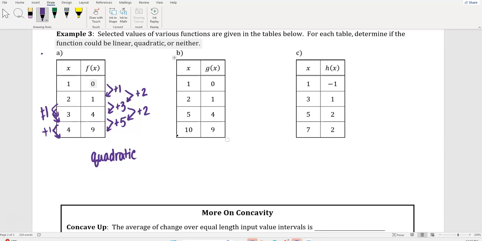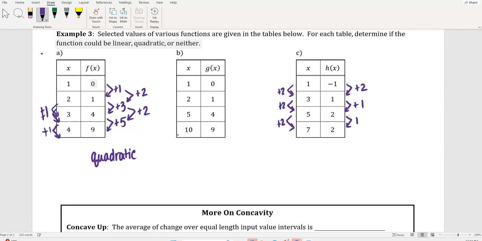Okay, I'm going to skip B for now because our tricks are not going to work on B because we do not have consecutive equal length input value intervals, right? But on C, I do have consecutive equal length input value intervals because my x's are increasing by 2 each time. So I'm going to look at my y values, and I see that my y values increase by 2 here. The y values increase by 1 here.